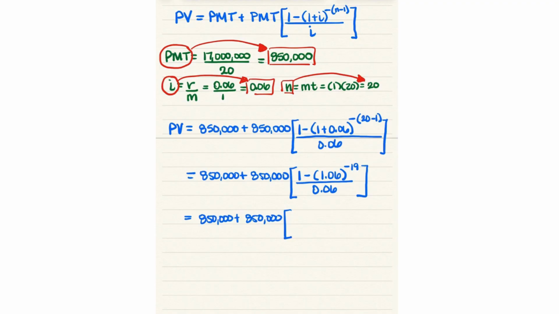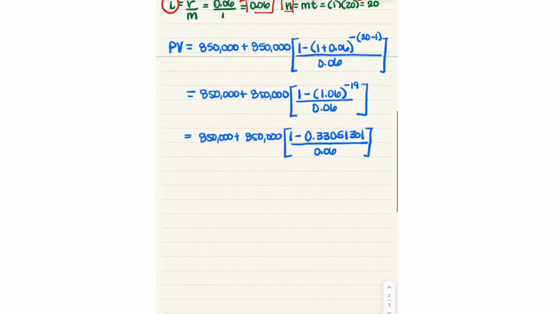You should get 1 minus 0.33051301. Try to keep at least 8 decimal places, because if you round too soon, you run the risk of not matching the answer you're looking for. You'll probably be off by a couple of dollars.